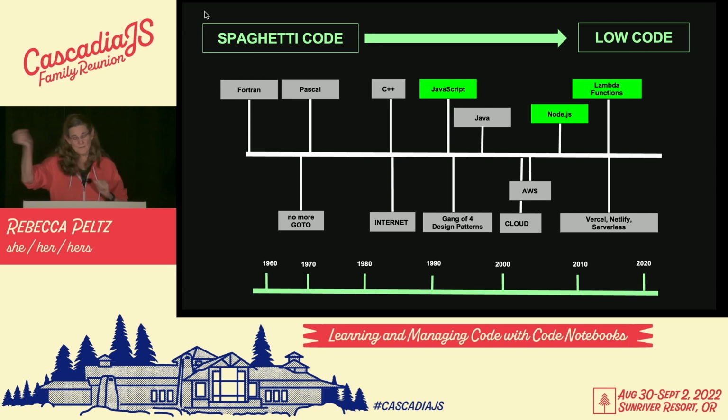Now we just talk through HTTP, and we have Lambda functions, and you can go and create one right now and for free have it hosted, Vercel, Netlify, serverless. So with the cloud and with these Lambda functions, we can be responsible for creating just a very small function.